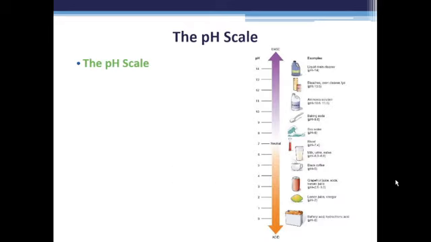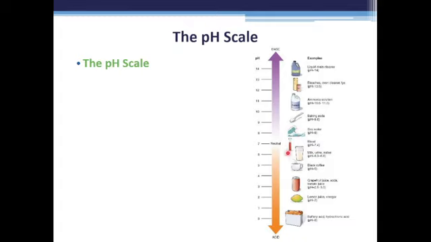Next, let's talk about the pH scale, the last part. To measure acidity and alkalinity, we use the pH scale. The pH scale measures the concentration of hydrogen ions in a solution. It ranges from 0 to 14. pH 7 is neutral.